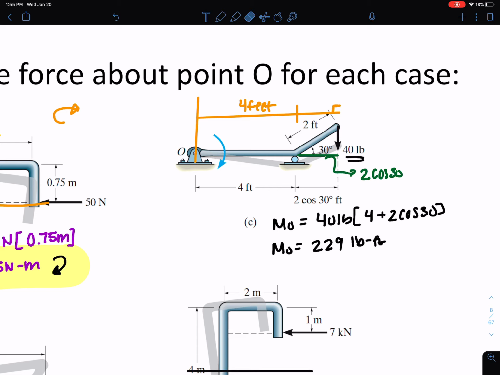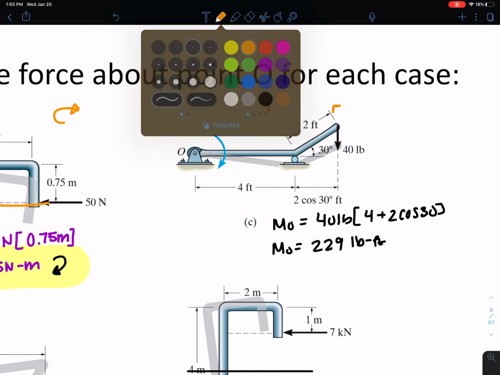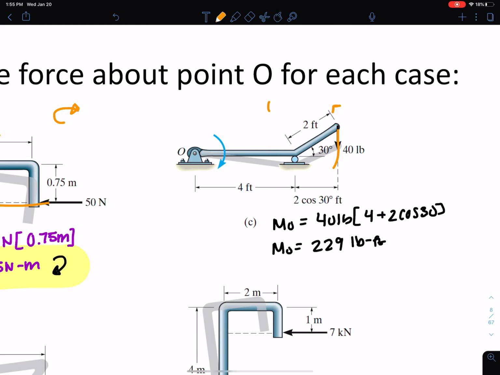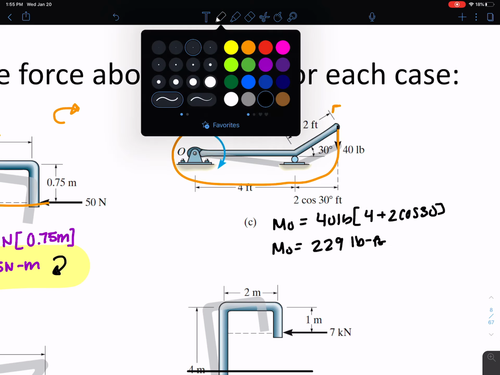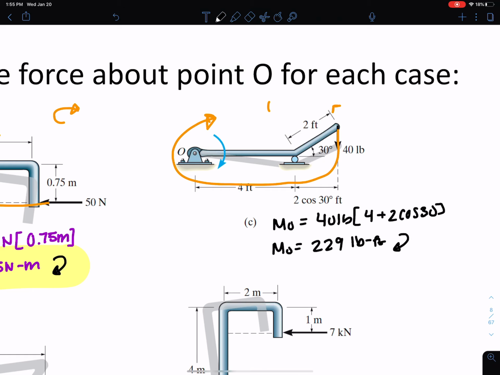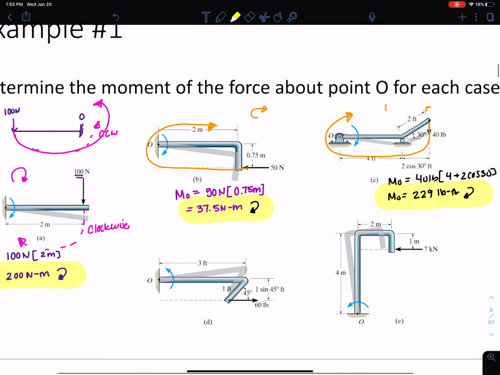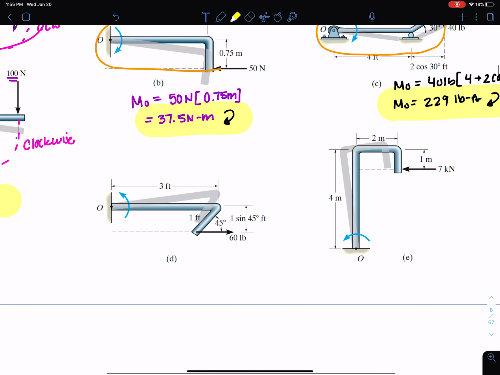Now in terms of rotation, let's see what's happening here. So rotation, again, I'm going to go around this point like this, and so I have clockwise rotation again. Clockwise rotation, and that's it. Okay, so this is pretty fun, pretty simple, right?